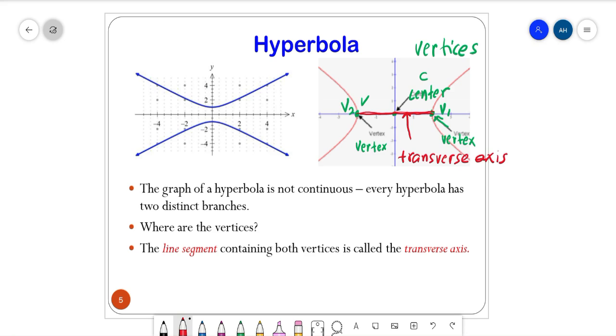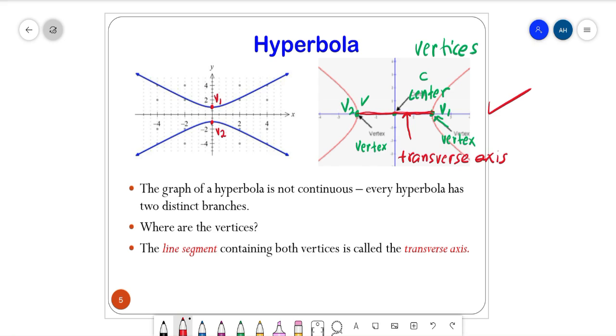Now let's focus on the other graph, the blue graph here. Can you tell me where vertex number 1 is? For a graph of this type, where one is facing up and the other facing down, our V1 will be the one facing up. That is this one, so we label this as V1. The one facing down, we label that point as our V2.